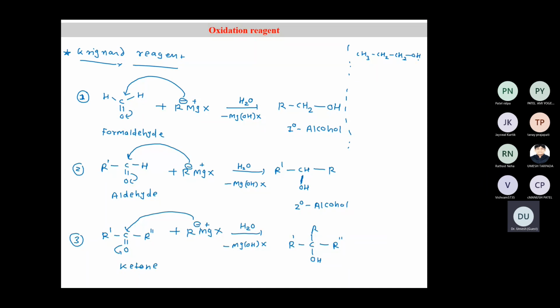If you want to prepare 1-propanol, then which reagent is useful?